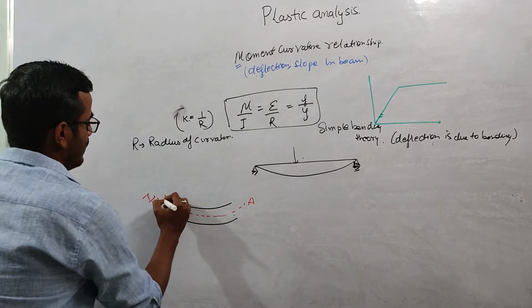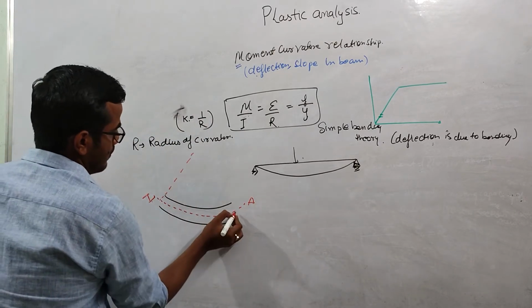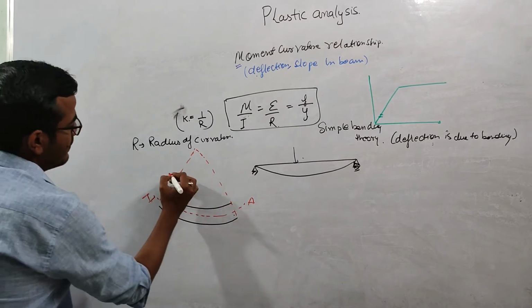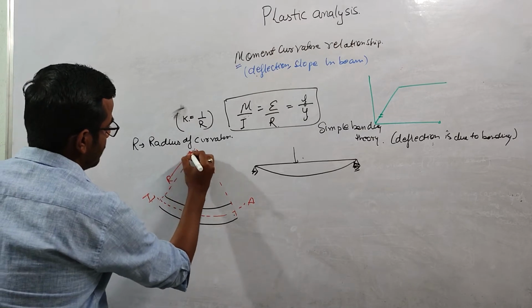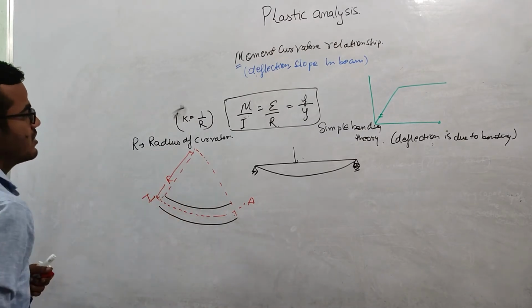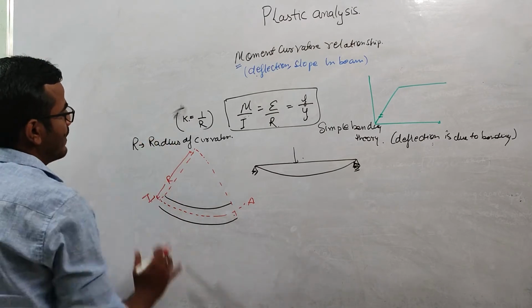So this radius will be the radius of curvature, and if you invert that, we will get the curvature.